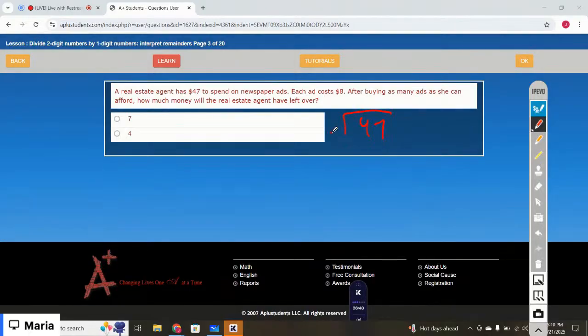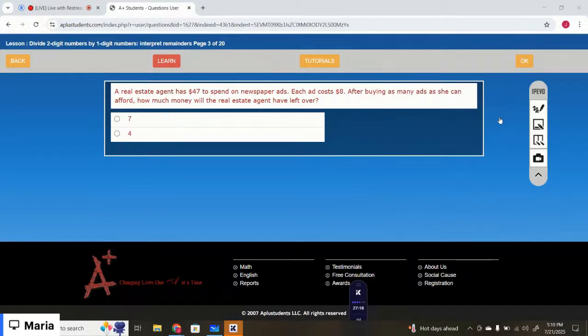So 47 divided by 8. 8 times 5 is 40. Option number 1 is the correct option. 7 it is.